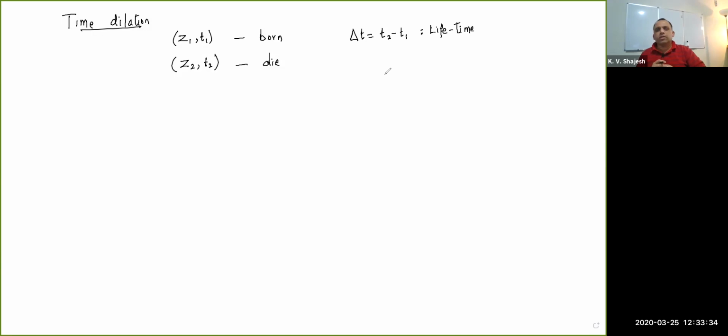How does the lifetime measured by one observer compare with the lifetime measured by another observer? This requires us to discuss what is delta Z, at what positions were these two events measured, and delta Z is in general Z2 minus Z1.